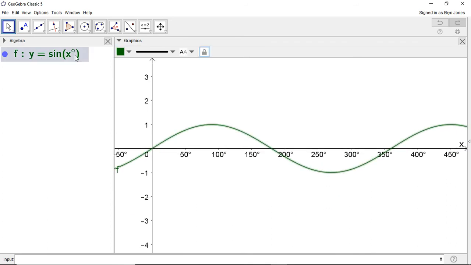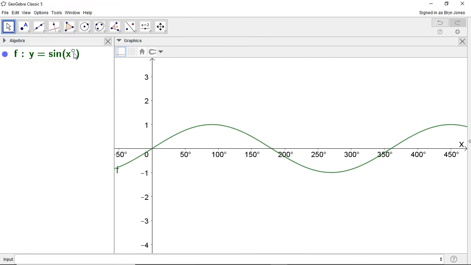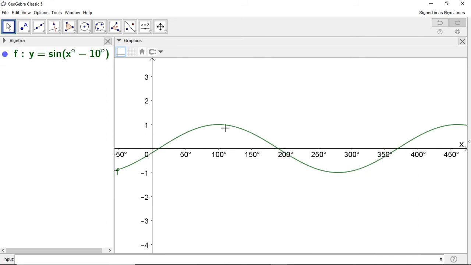If I take 10, I'll just put degrees in. If I take 10 degrees, what happens is the graph shifts to the right 10 degrees.